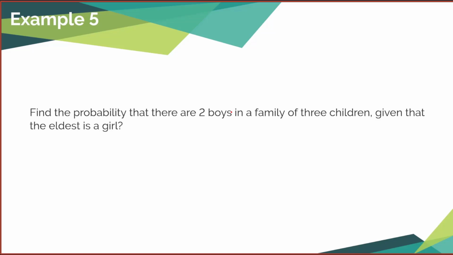All can be boys, all can be girls, so there are different combinations, and we will try to find out what the different combinations are, and out of that we are interested in finding the probability of getting 2 boys. Now it is subject to the condition that the eldest is a girl, right? So let's try to calculate this.